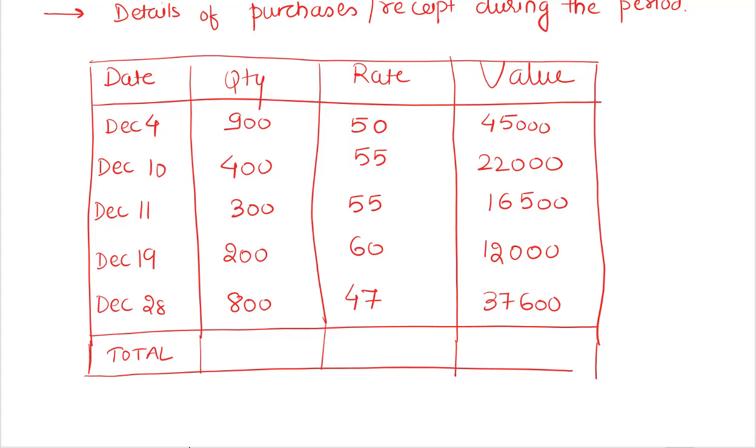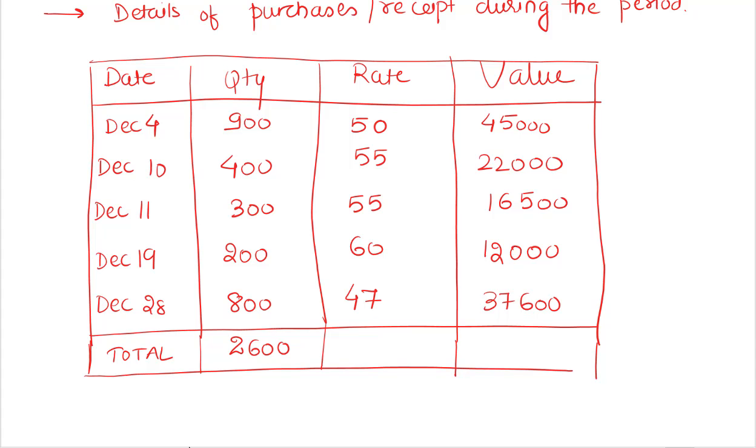Write total over here. 900 plus 400 plus 300 plus 200 plus 800 equals 2,600. Over here in the value column, 45,000 plus 22,000 plus 16,500 plus 12,000 plus 37,600.